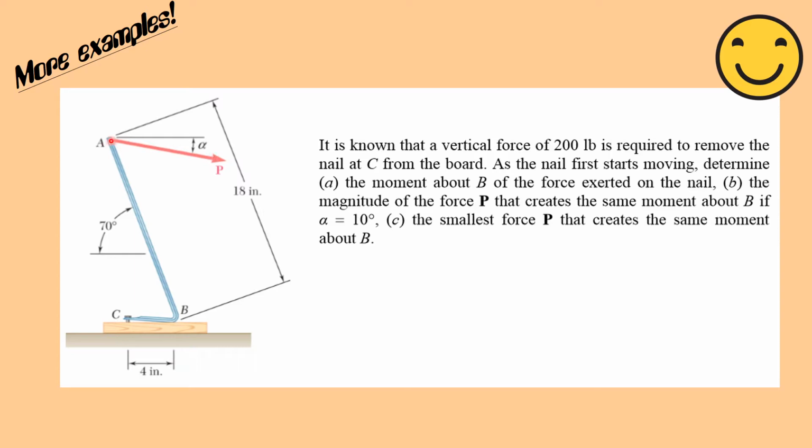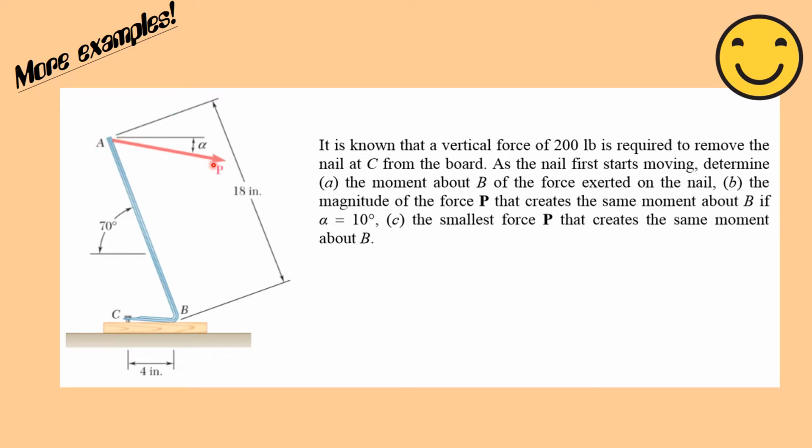So we pull over here at P, and this creates a moment around B, and this is going to also pull up around C. And then we're going to be looking for the smallest force that creates this moment. Okay, so how should you pull on this crowbar? Do you pull straight across or down or up?